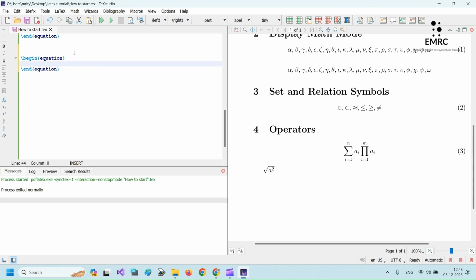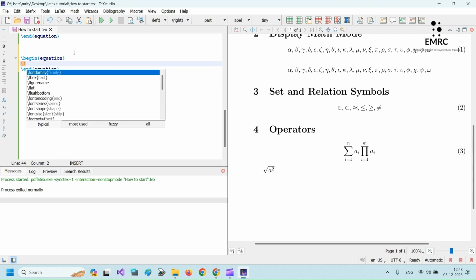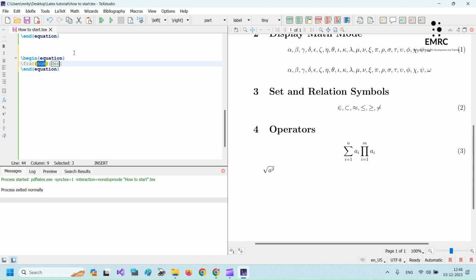Suppose we want to write 1 by 2, simply use frac, numerator 1, denominator 2, compile it. It will be written like 1 by 2. You got the point? This frac command means 1 by 2.